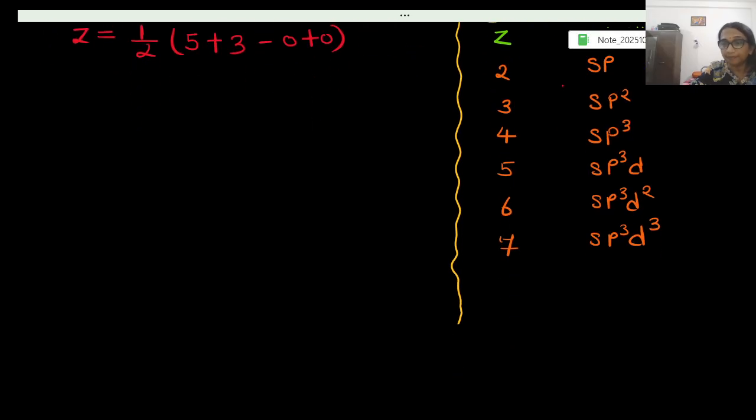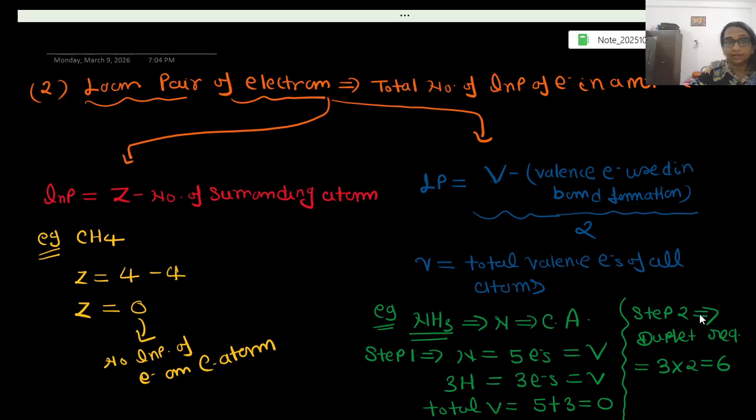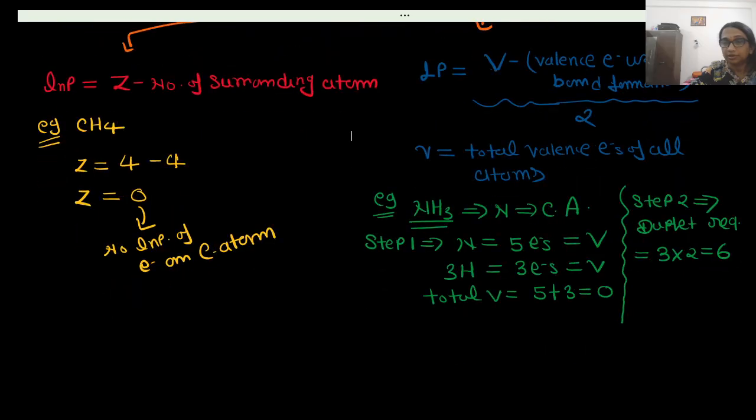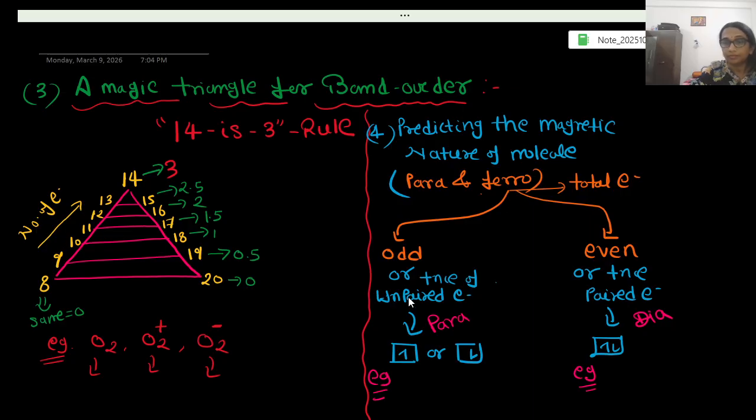Triangle magic means we have a triangle and calculate with it. A magic triangle for the calculation of the bond order.